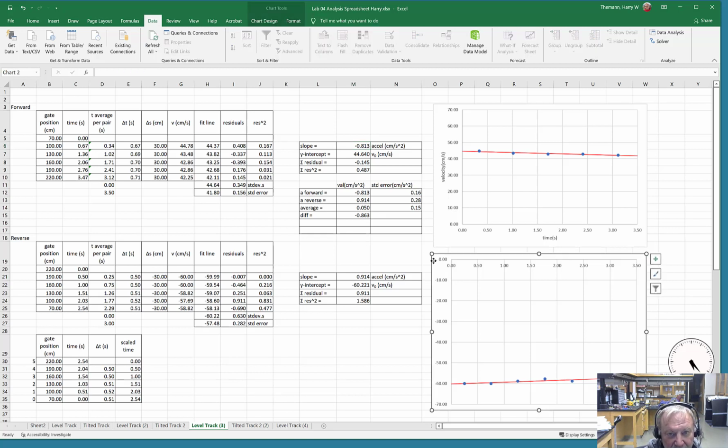But you notice here, it's got a positive acceleration. It's also going slower. So what that tells me is friction is dominating here. There may be a residual tilt, and I would say that in this case, it might be tilted backwards.